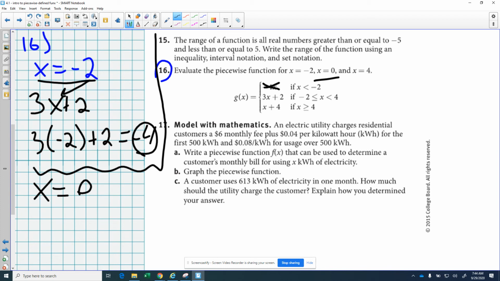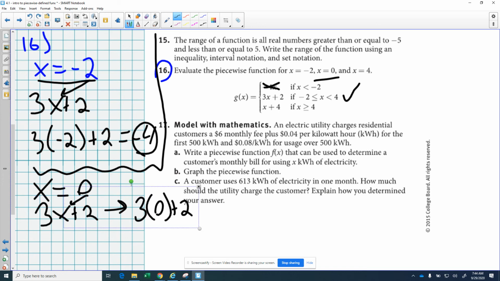In the middle one, x has to be in between negative 2 and 4. Well, 0 is in between negative 2 and 4, right? So this one works. I'm going to use the same equation, 3x plus 2, and plug 0 in. This becomes 3 times 0 plus 2, which comes out to an answer of 2.